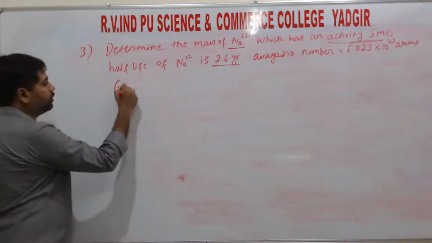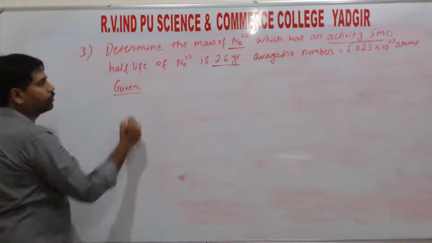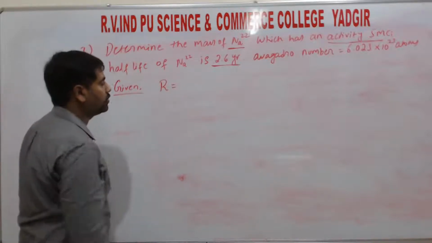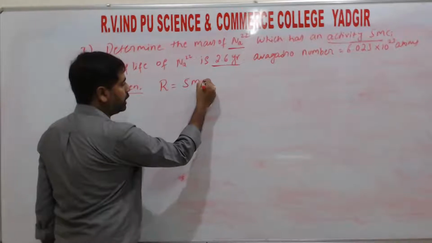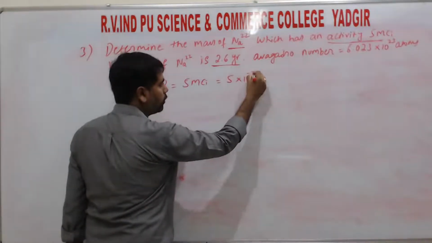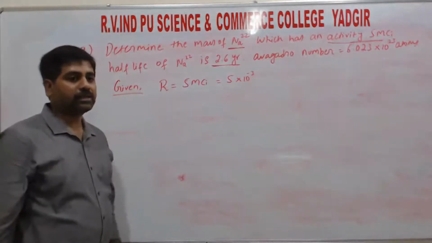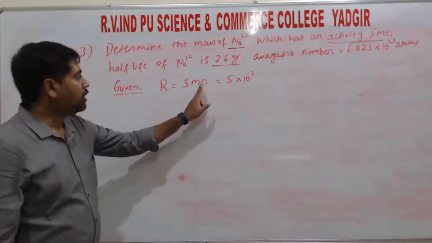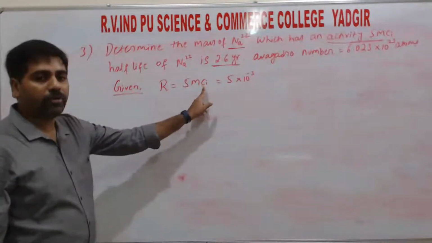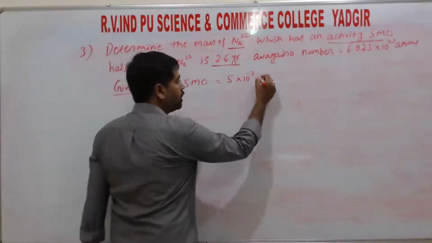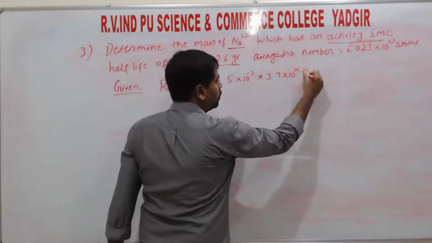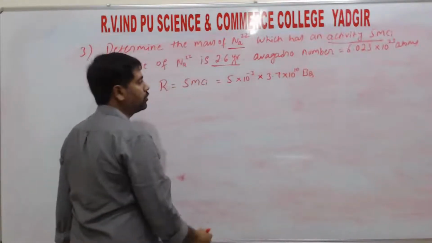So first, if you write here the given: the activity R is equal to 5 millicurie, that is equal to 5 into 10 to the power of minus 3. Milli is 10 to the power of minus 3, and the SI unit of activity is becquerel. So we are converting from curie to becquerel. 1 curie is 3.7 into 10 to the power of 10 becquerel, right?